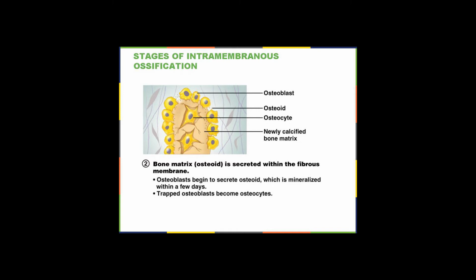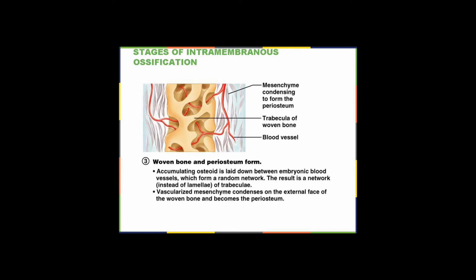Interstitial growth gives you growth in length, appositional growth in width. So that was basically intramembranous ossification.